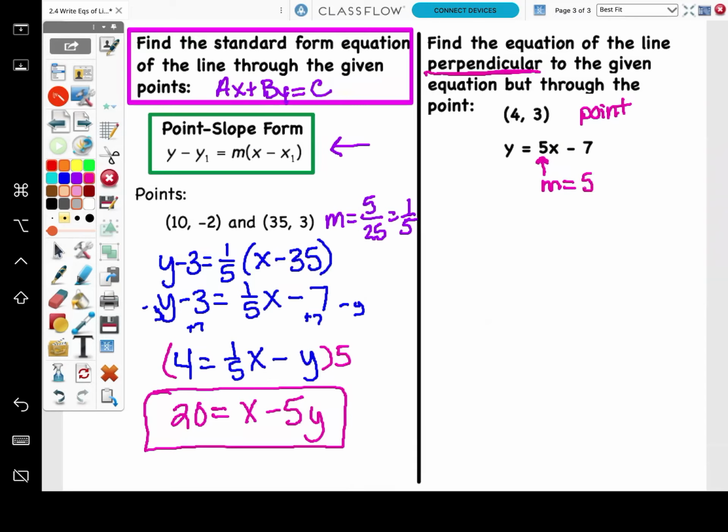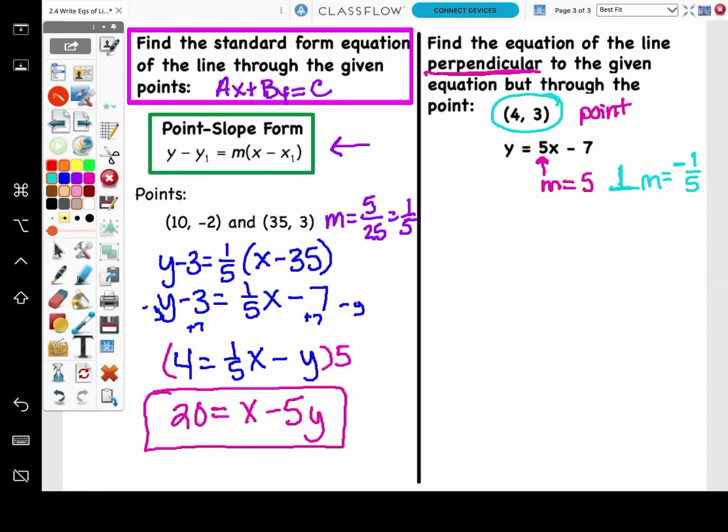That slope is 5. I want the perpendicular line, so I want the perpendicular slope. Do you remember? Perpendicular slopes are opposite, so I need a negative sign, and reciprocal, so I do 1/5.